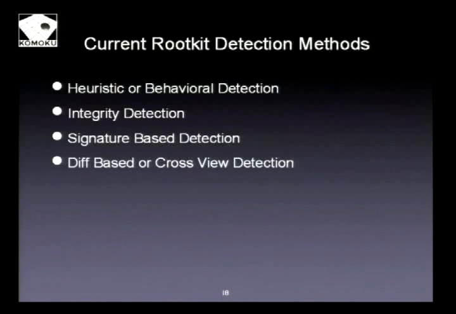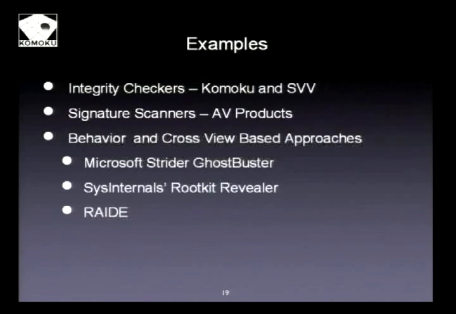And then the diff-based or cross-view detection. This is kind of what I just talked about, where you ask the crazy person a question, but then you ask another question in a different way, or get the answer from some external information, and then compare them to make sure they make sense. So there are different examples of these, and we'll talk about each of them in a little bit more detail.